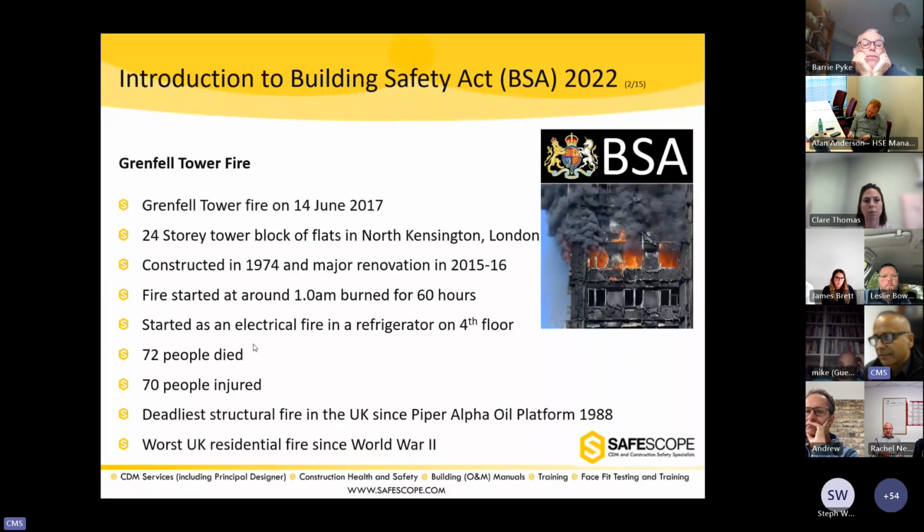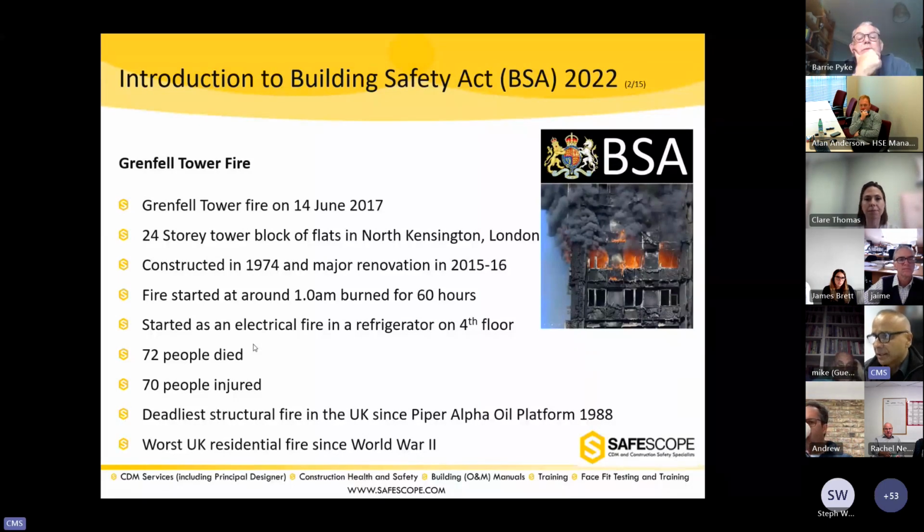It happened in June 2017 in a 24-story block. The block was originally constructed in 74, and major renovations happened in 2015, 2016.